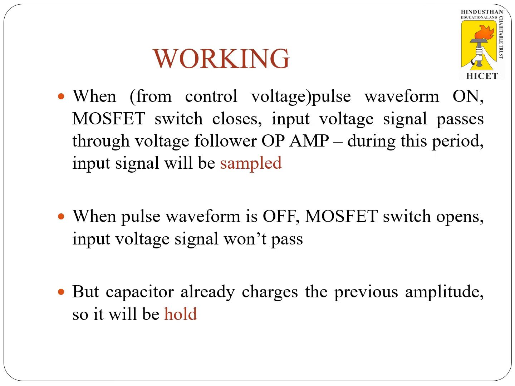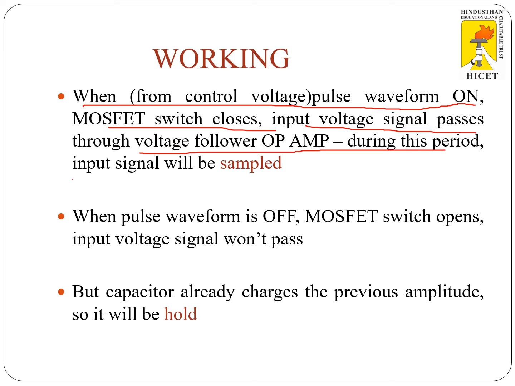Now, like I've told you, let me just repeat the working once again. When the control voltage, that is the pulse waveform, is on, the switch is closed, and the input signal will pass through the voltage follower op-amp during this period. So the input signal will be sampled, and you get the output same as the input signal. The amplitude will never vary.